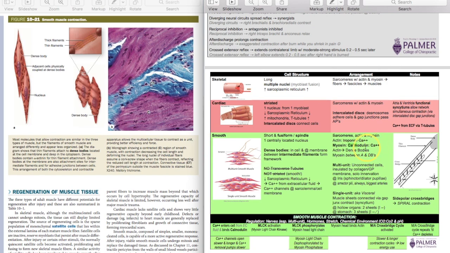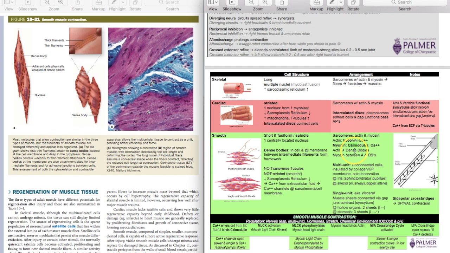Something that may help you remember this, I don't know: calcium binds calmodulin. Well, first off, there's two Ca's in there, so those go together. And the word calm, maybe you could go with smooth, as in smooth muscle, because if you feel calm, calm is kind of a smooth feeling as opposed to a rough feeling. Or if everything's smooth sailing, then you must be calm.